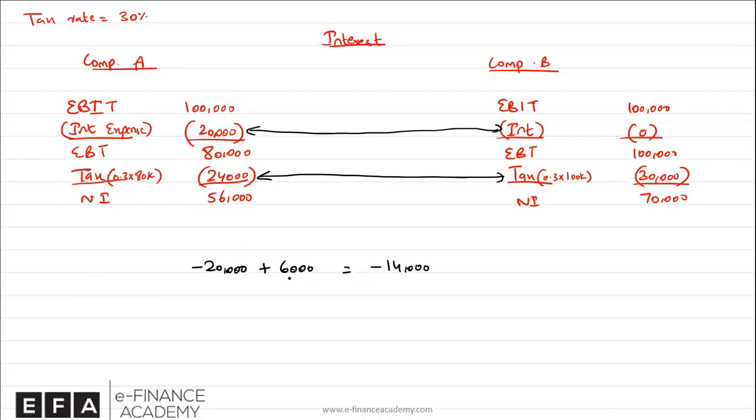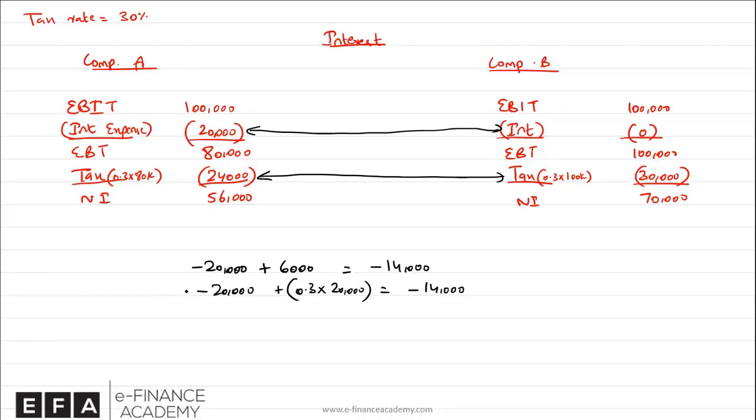Another quick way of getting the same answer would be minus 20,000. The 6,000 we could arrive at as 30% of 20,000, and that gives us after tax interest of 14,000.